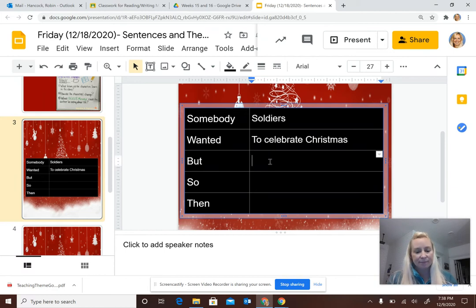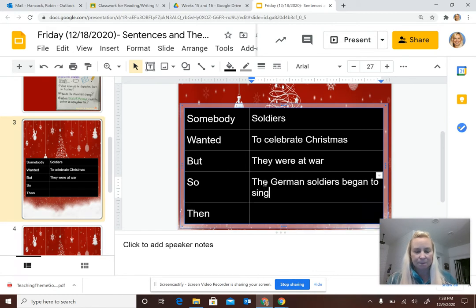But they were at war. So one German soldier, actually, it was a bunch of them, who started singing. So the German soldiers began to sing.